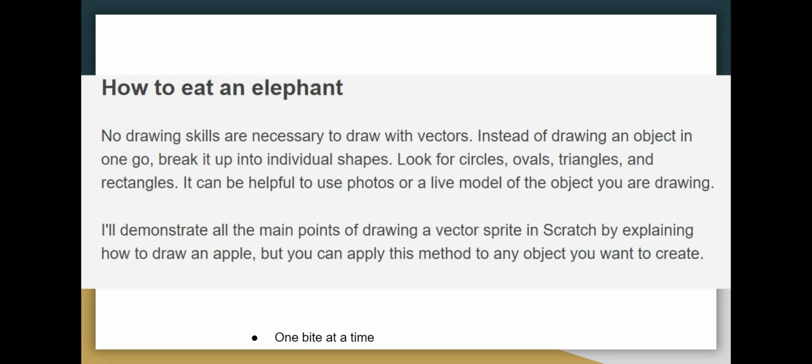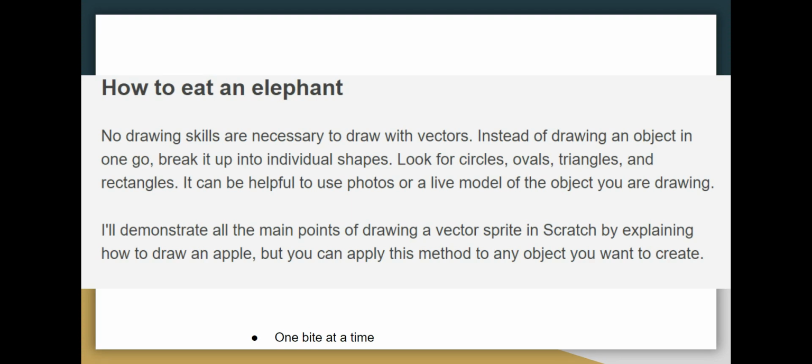So you're going to want to look at the sprite that you are making and look at it in terms of basic shapes. So what we're going to do is we're going to go through creating a shape, basically a vector of an apple. And what I would like you to do is go ahead and open your Scratch program in another tab.